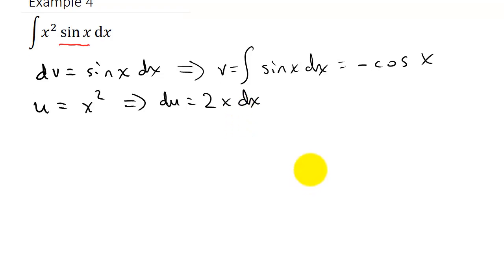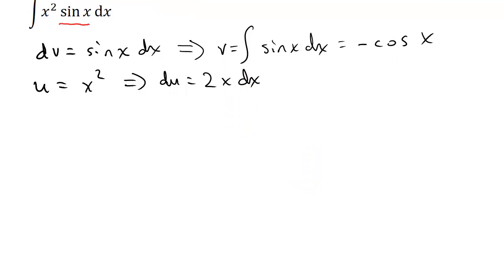Alright, so let's plug everything in. Let's write our formula down. So we've got the integral of u dv is equal to u times v minus the integral of v du.